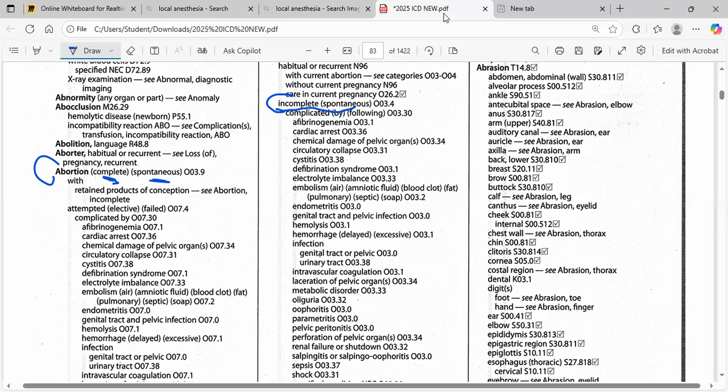Next, we have another abortion. If there is any complication related to the spontaneous complete abortion, you are going to use a code from series O03.9. And if there is any condition which is due to the incomplete spontaneous abortion, you are still going to use a code from series O03.